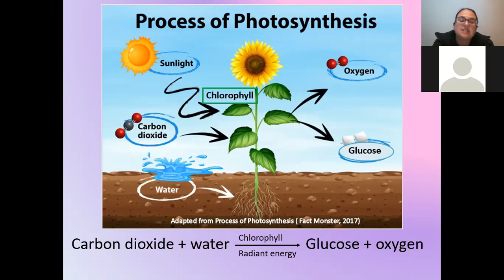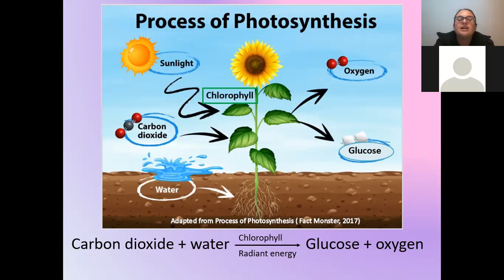In other words, we are saying that when carbon dioxide and water react in the presence of chlorophyll and radiant energy, they can then produce your products, which are glucose and oxygen. So that arrow means to produce or to form. And this is how we would write the word equation describing the reaction for photosynthesis.